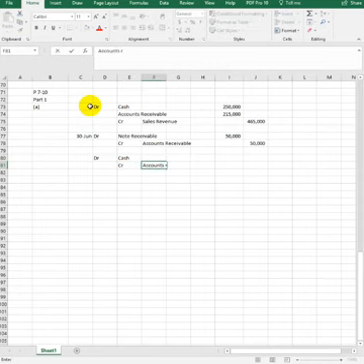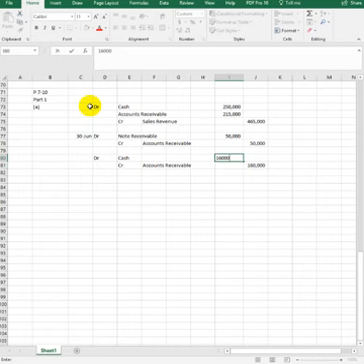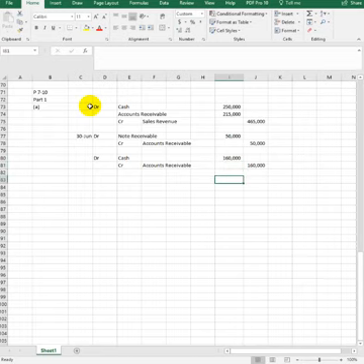Accounts receivable. So a little bit of a challenge to talk and type at the same time. Somewhat akin to chewing gum and walking at the same time. Alright, so we collected $160,000 on our accounts receivable. That's good. So we sold $215,000 and collected $160,000 of that.